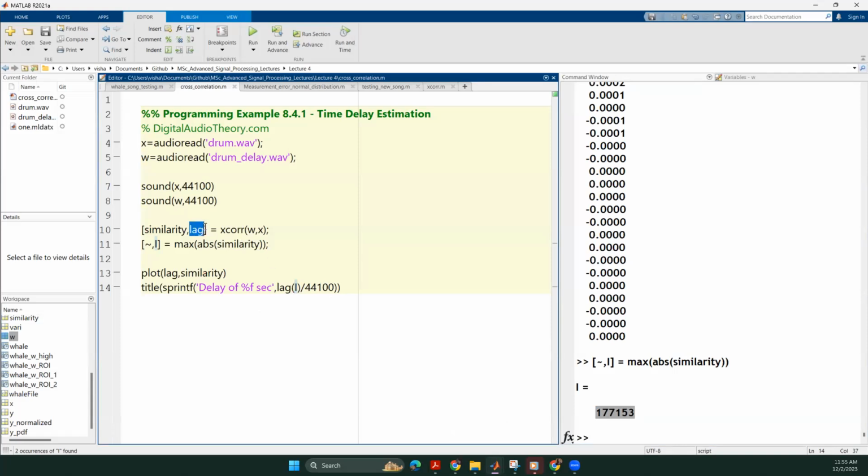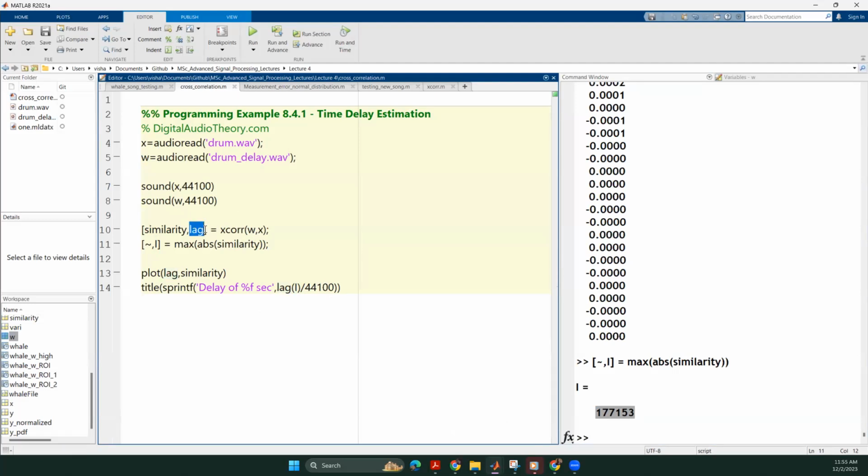Here I have the lag array, where I have all the lags I have considered when I compare the correlation between the two W and X signals, right?